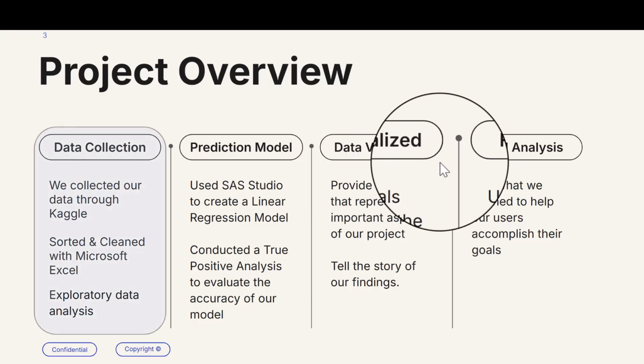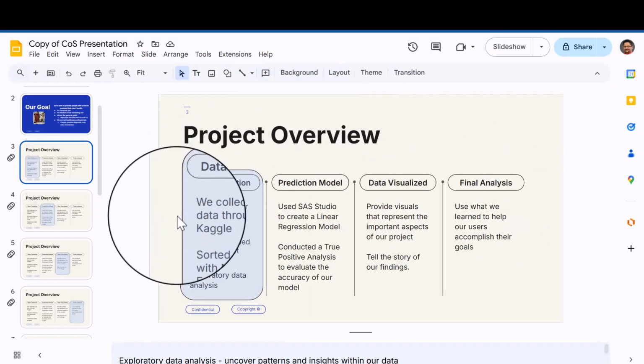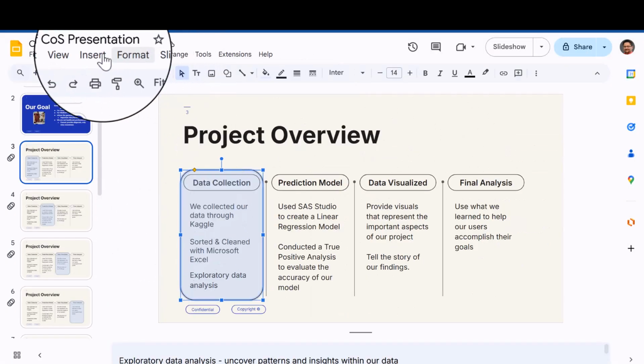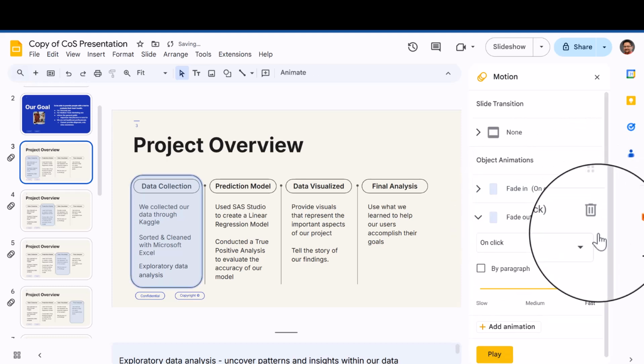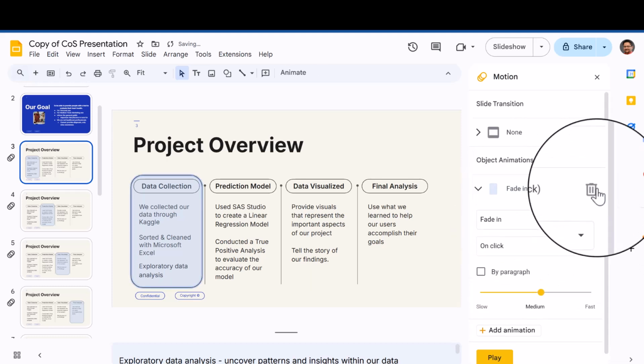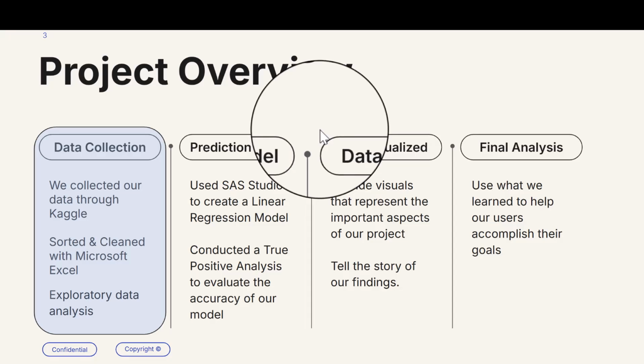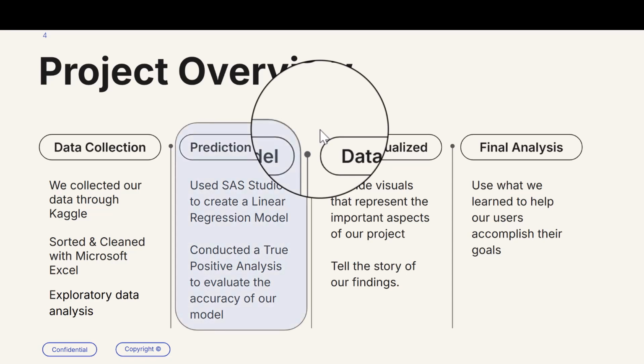So now you start, hey everybody, or you can get rid of that animation altogether. You don't need it anymore. In this scenario, boom, boom. You don't need any animations here. Hey everybody, we're talking about this one, blah, blah, blah. Okay, moving on to the prediction model, moving on to the data visualization model, etc.